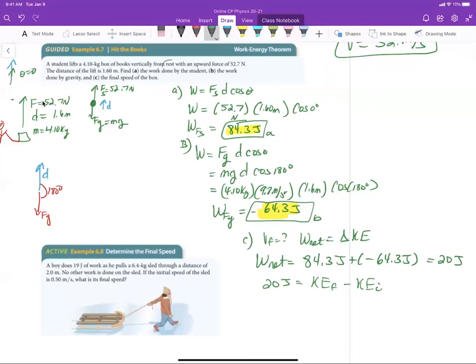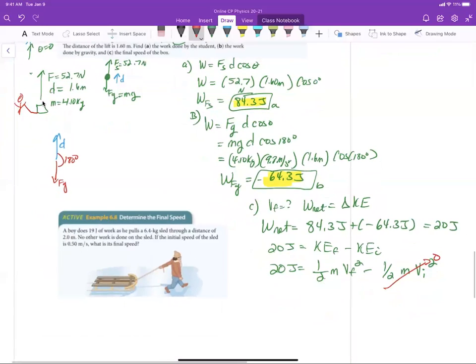It started from rest, so we're going to continue filling in all the things we know. 1/2 the mass times the final velocity squared, subtract the initial kinetic energy, which is 1/2 the mass times the initial velocity squared. Well, the initial velocity was 0 because it started from rest.